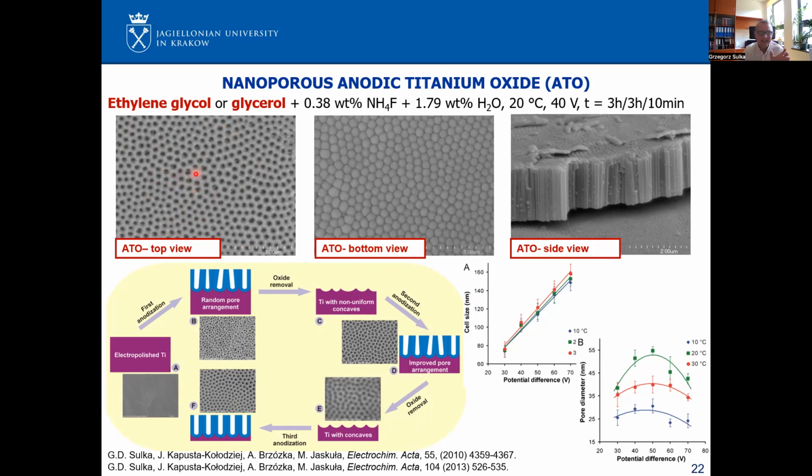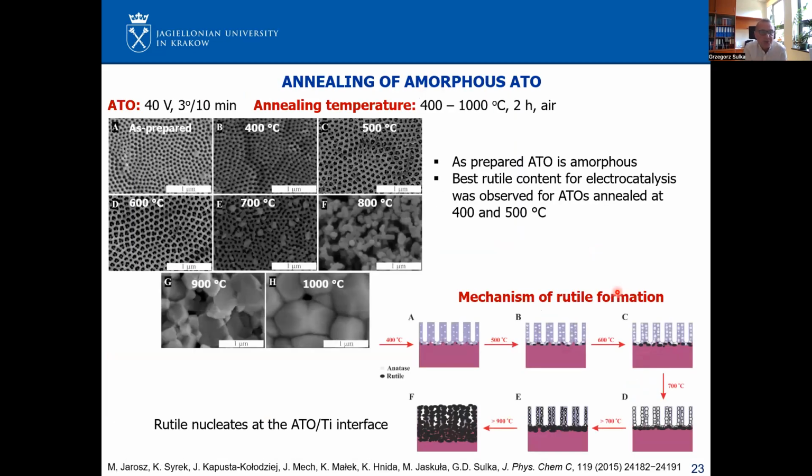Also the cell size can be a little bit tuned by the potential applied during anodization. As prepared, anodic titanium oxide is amorphous and is not quite okay for different applications.